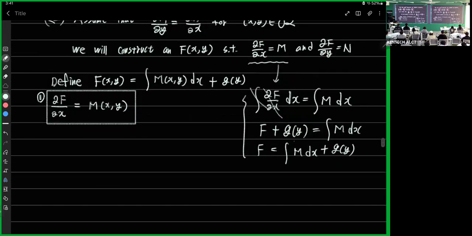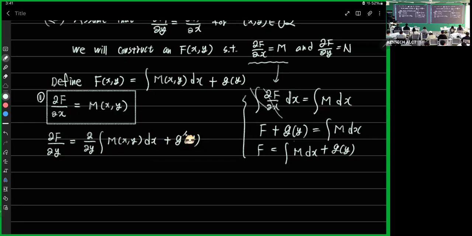So now to show that partial f partial y equals n, we just take the derivative of f with respect to y. We defined f like this, so taking the derivative of f with respect to y, the right-hand side is going to be partial partial y of the integral of m of x comma y dx, and then plus g prime of y, right? Because g prime means the derivative with respect to y.